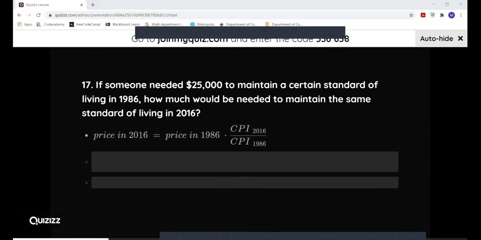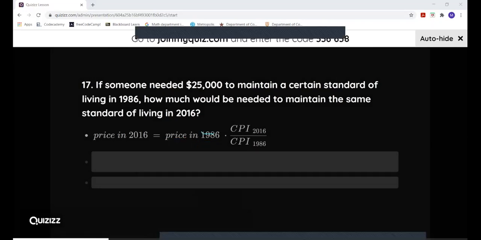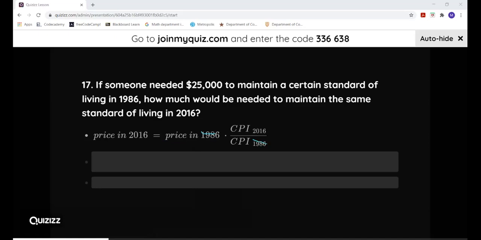And so I will say this, if you look here, this is sort of like your unit analysis. So one way to check is if I'm looking along here, I can look at this thing as being on the top, but this 1986 should be on top and this one should be on bottom. So that's another way I think about this. It matches up with what we do in unit analysis.